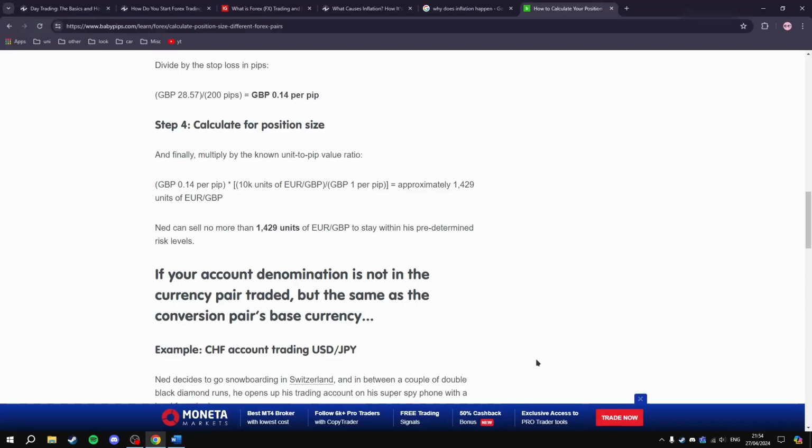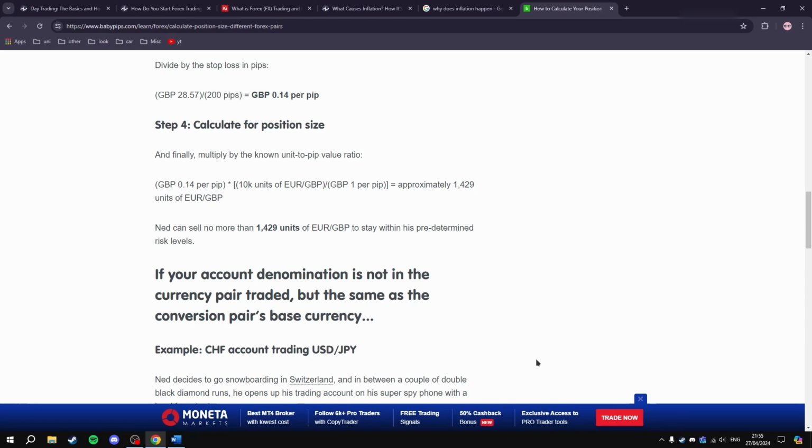Finally, multiply by the known units to pip value ratio. So 0.14 pounds per pip times 10k units of Euro GBP divided by GBP 1 per pip, so 1 pound per pip, is equal to approximately 1,429 units of Euro GBP.